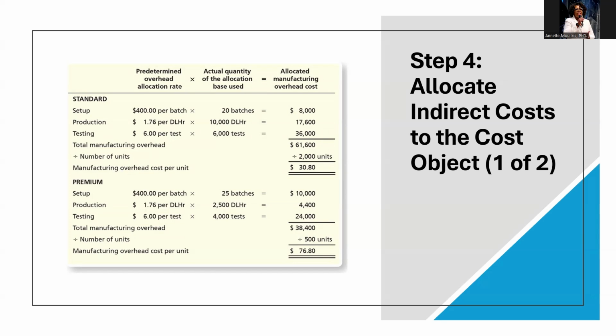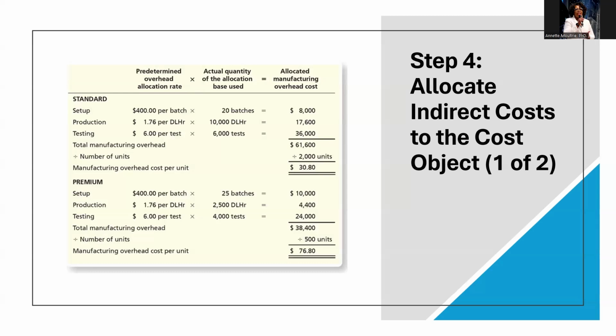Then you apply the predetermined overhead rate for that activity by multiplying it by the actual quantity of the allocation base consumed. This ensures that overhead costs are distributed accurately, reflecting the true cost of production.